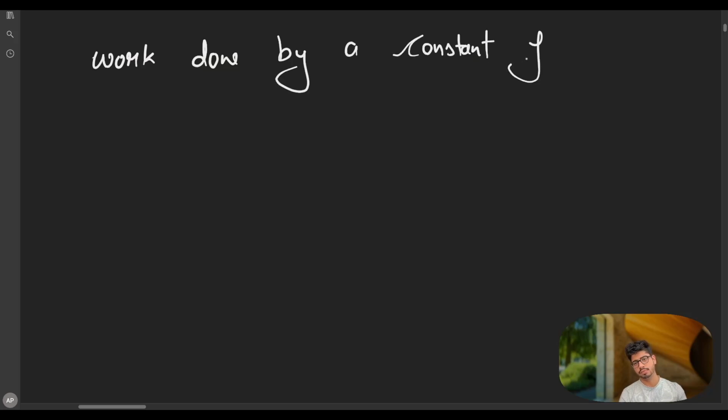Okay, so work done by a constant force. Let's talk about that first. If you have a constant force that you are applying to some block, is it doing work? In physics, we define work done in a very specific way.